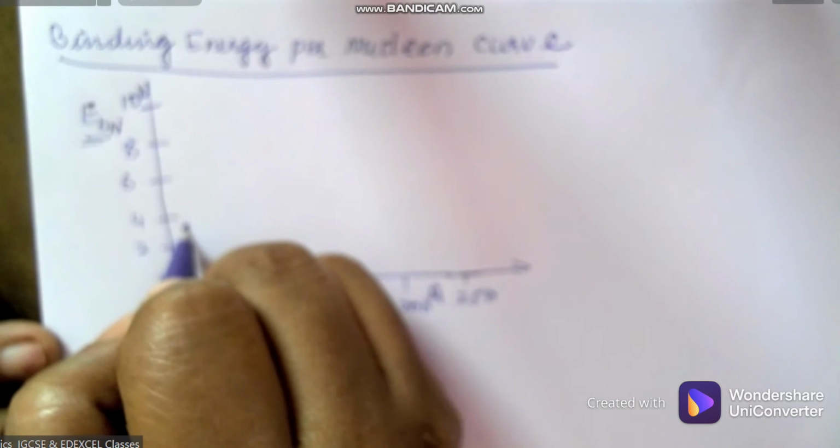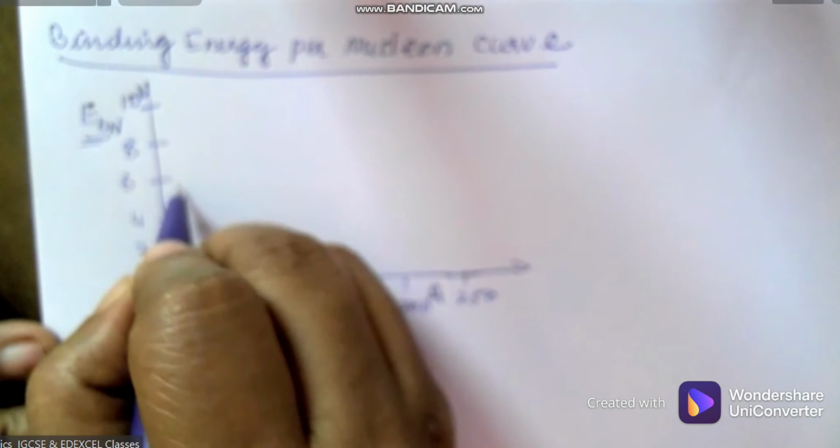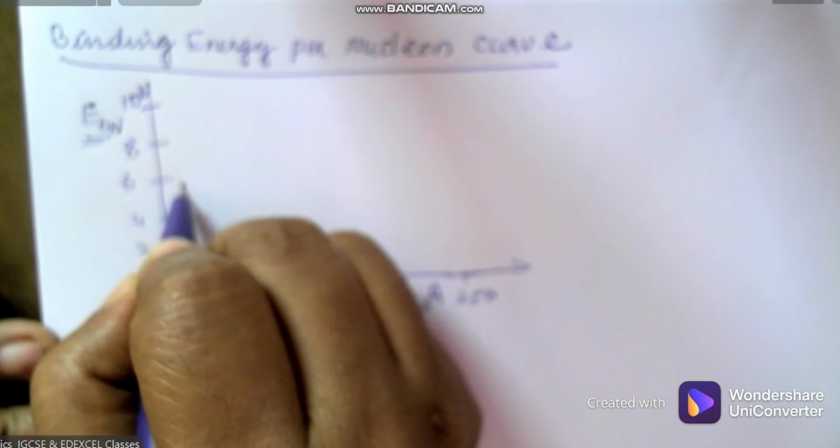And you see hydrogen is somewhere between 0 and 2, somewhere here. This is hydrogen 2, which is deuterium. Hydrogen 3 is here, you can see tritium. Then comes lithium, a little bit below 6.